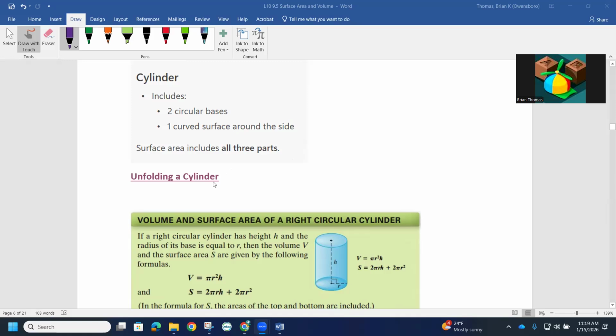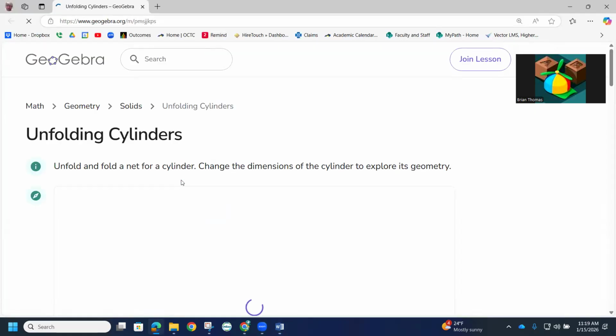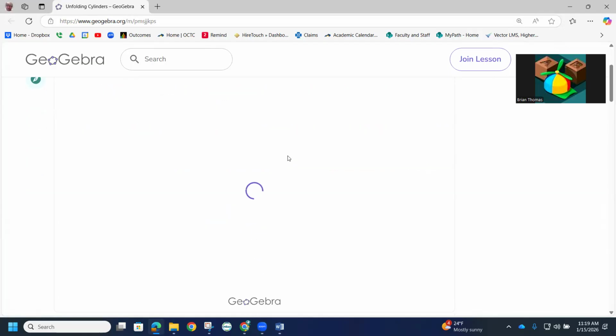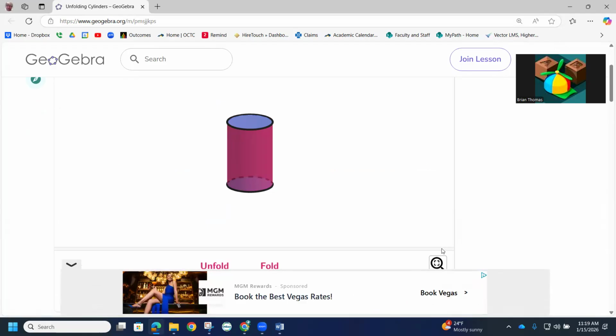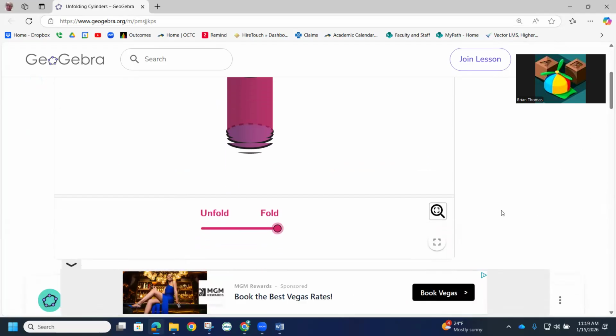Okay, so let's look at this from the geometry side of things. Let's see if I can get this to maximize a little bit.